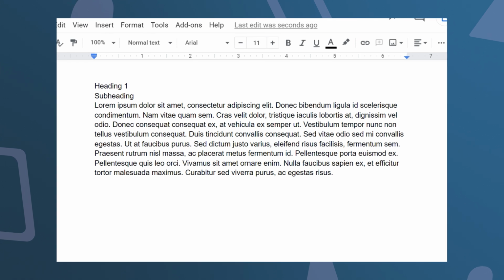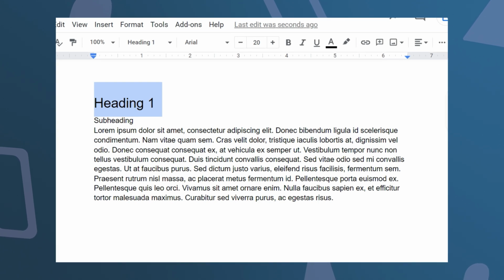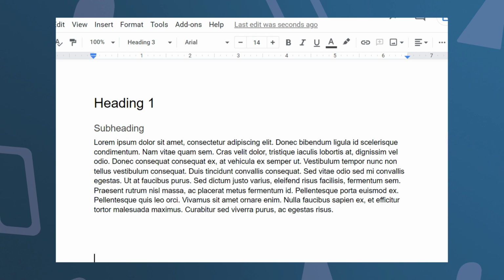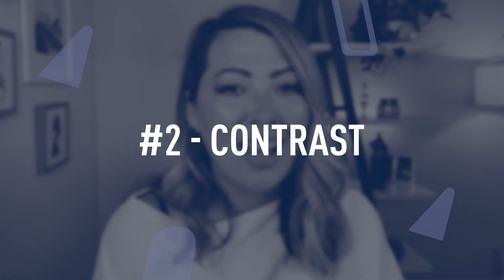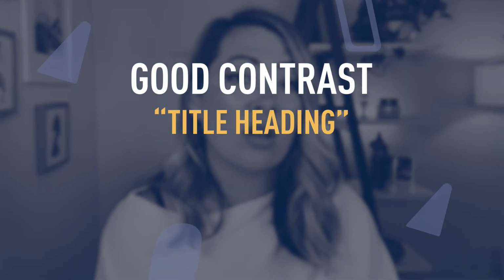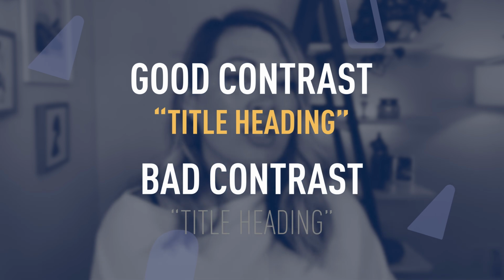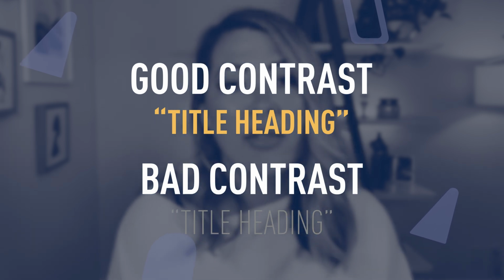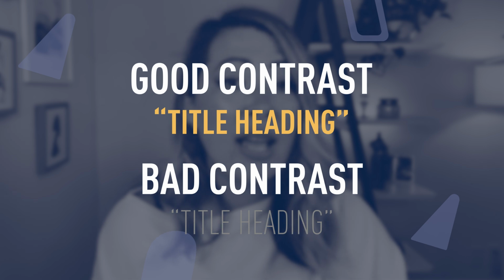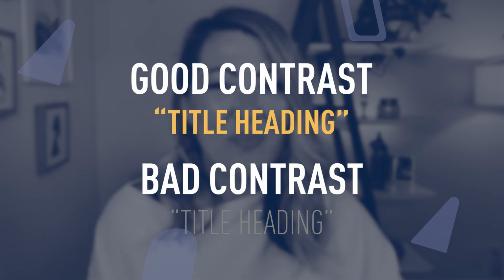Your headings will be quite large, but your subheadings are going to be smaller than that, and your body text is going to be even smaller than that, right? Contrast. Like hierarchy, contrast helps you to emphasize which messages and ideas you want the user to pay special attention to. So, for example, if you have a darker, bolder font, users are going to pay more attention to that than, let's say, something gray, smaller, etc., right?